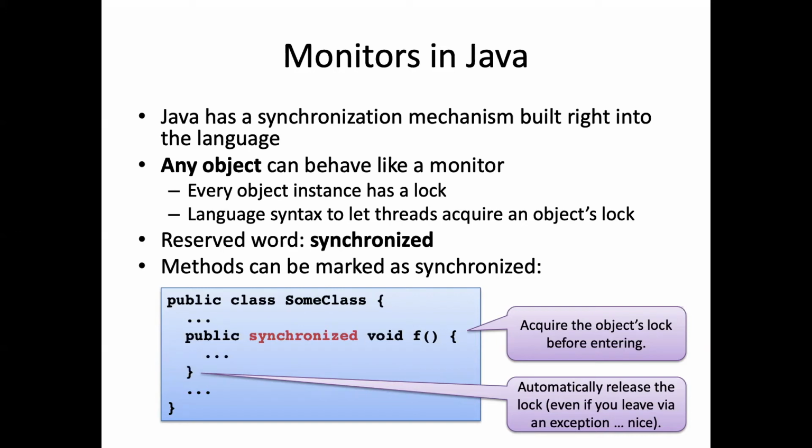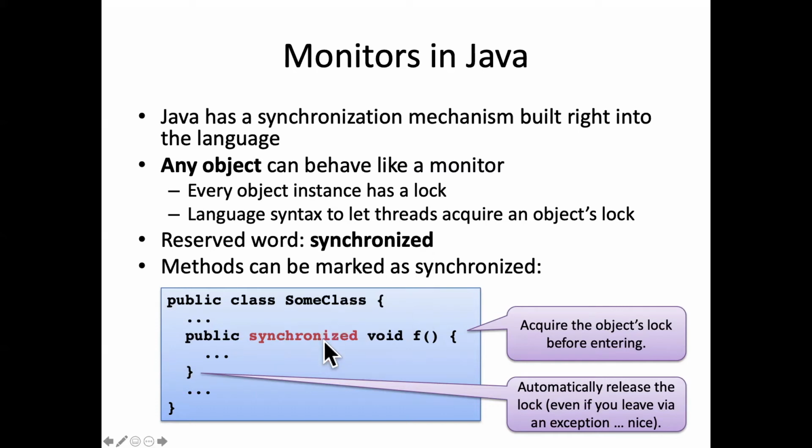They built the language so that every object, or any object you want, can work like a monitor. All you have to do to make an object work like a monitor is put one or more methods in it that are marked as synchronized. You've probably seen this all over the place in the Java API.